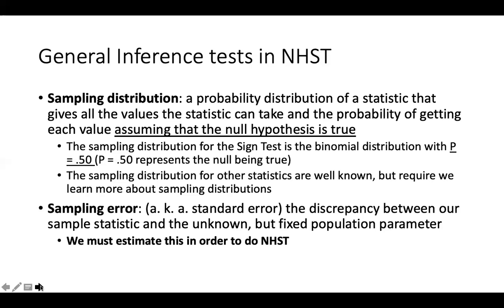When we collect a set of data and compute a sample mean, and then collect another sample from different people, the mean is not going to be the same. We call this sampling error, the fact that there's always going to be a discrepancy between our sample statistic and the unknown fixed population parameter of interest.